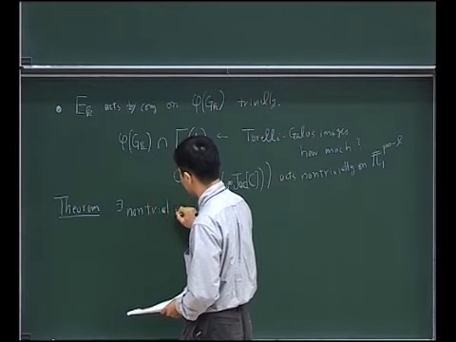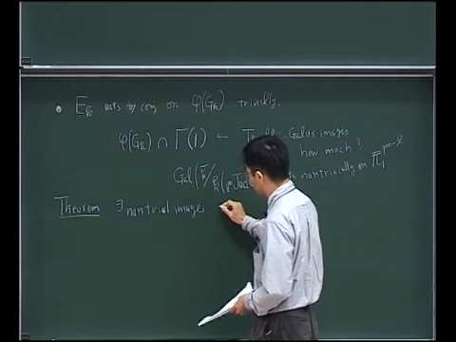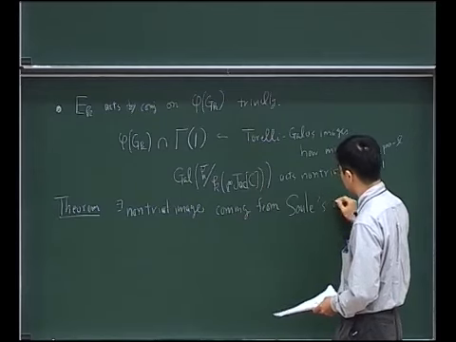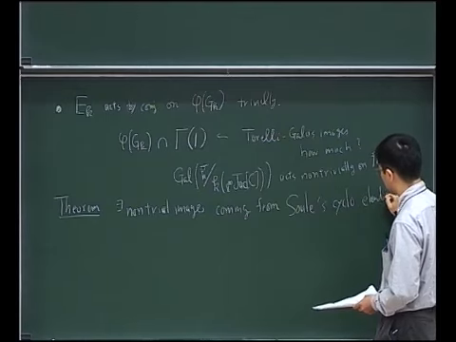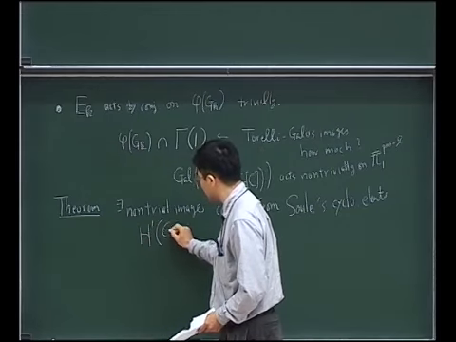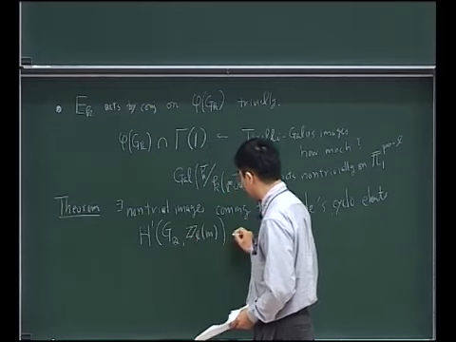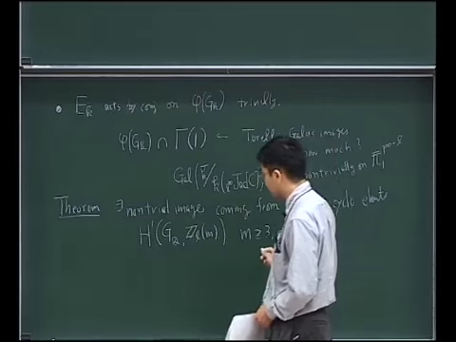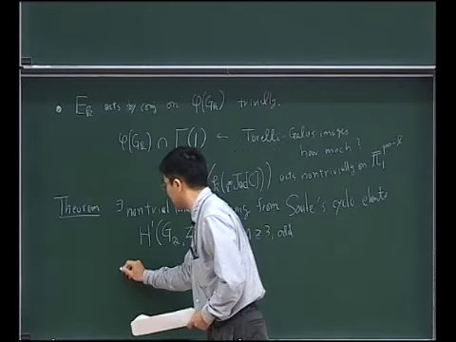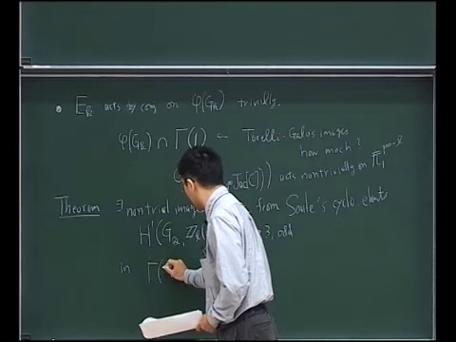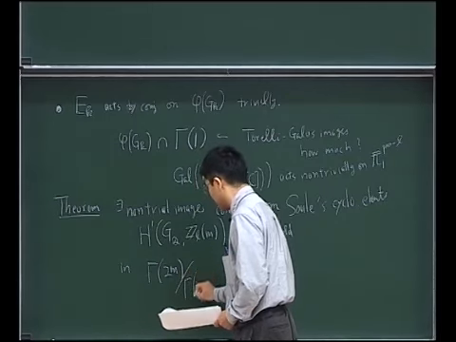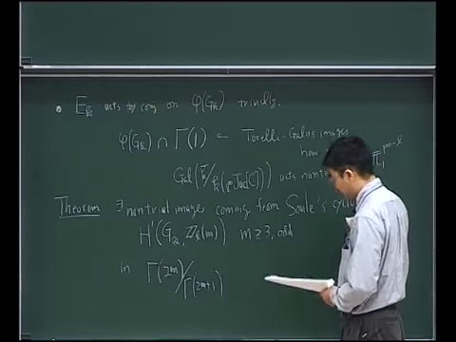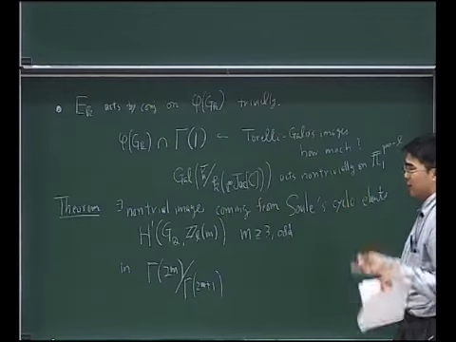Then the theorem: I think there exists a non-trivial image coming from Soulé's cyclotomic element in H1 of GQ with Z_L(m), for m at least 3, an odd number, in gamma to I should write here K, maybe in this weight.